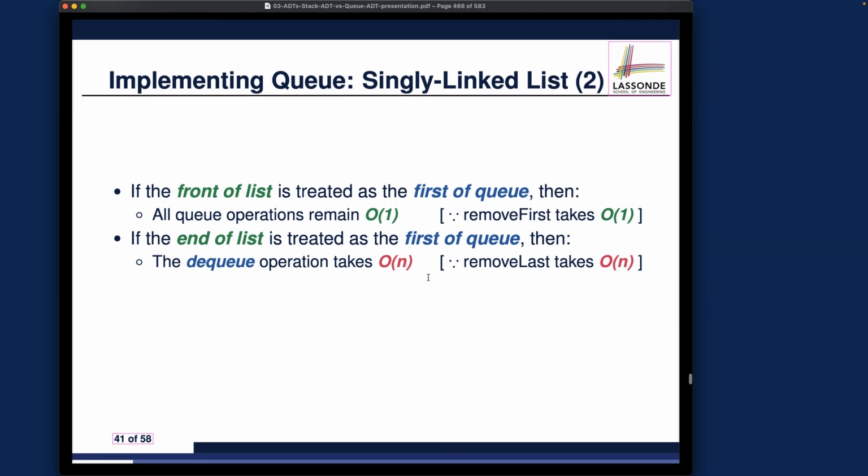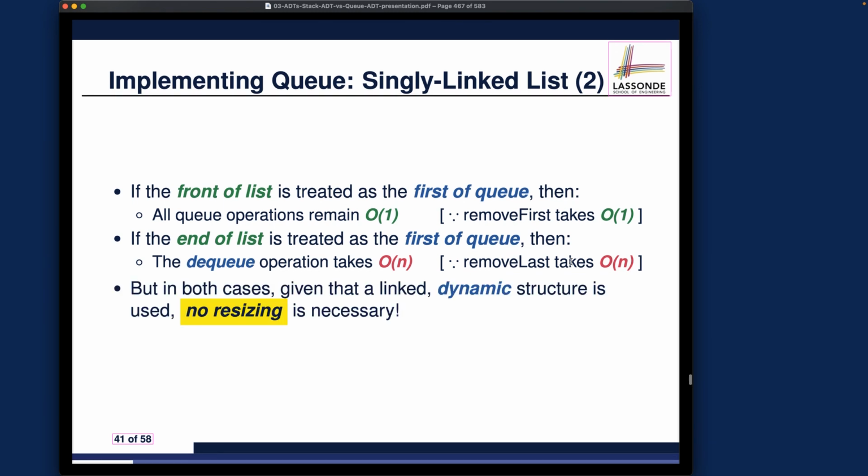You can see, because we're using remove last, that will take linear time. And in both cases, we don't really have to worry about resizing, because the singly linked list or doubly linked list, the linked list structure is simply dynamic itself. So we don't have the limitation as in the fixed size array. So we don't need to shift, and also we don't need to do resizing.